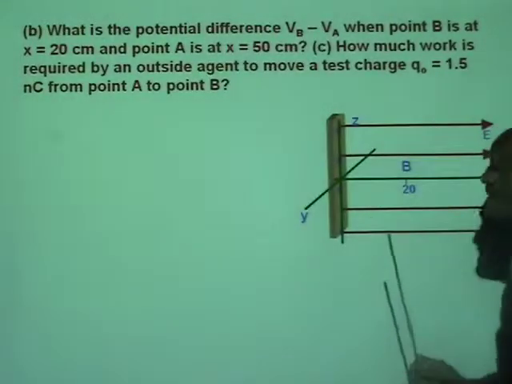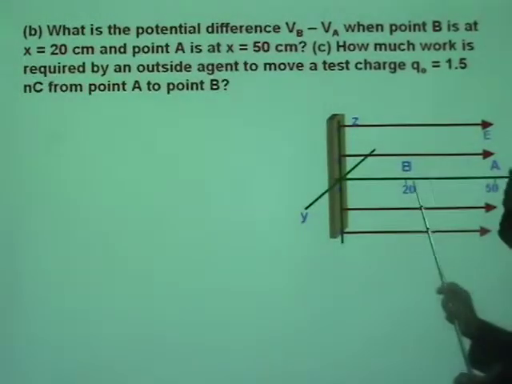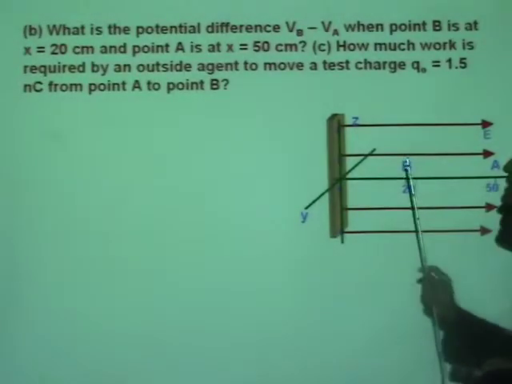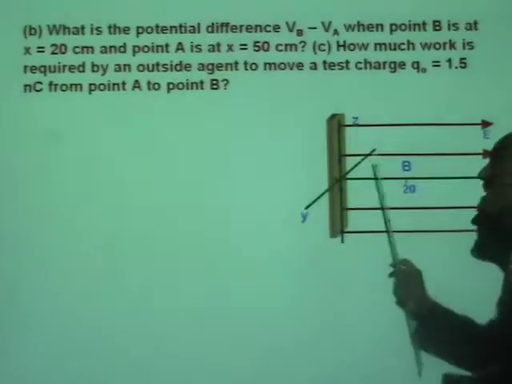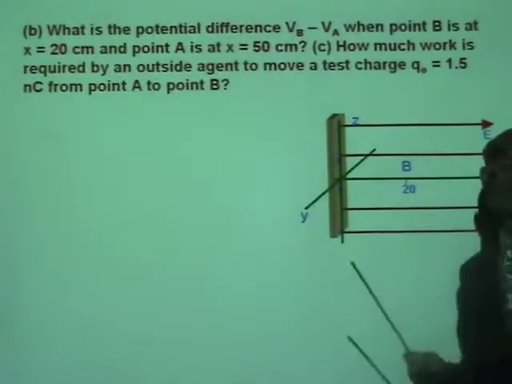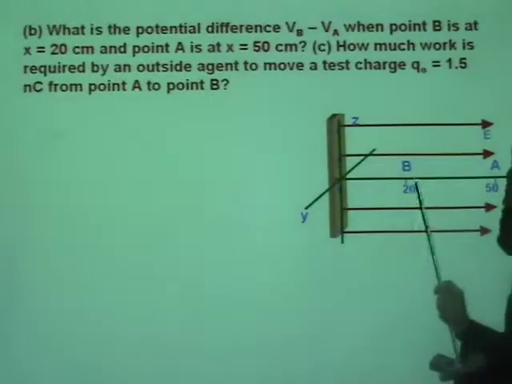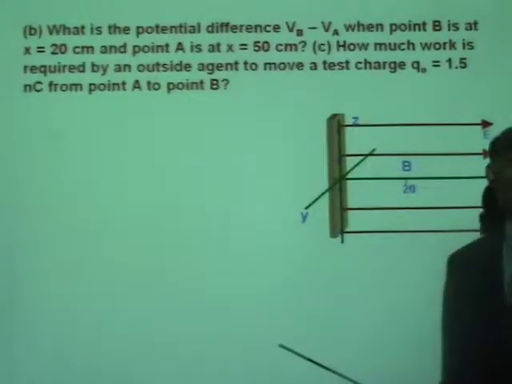If you remember, we had an equation there. We have delta V, the potential difference, equal to negative E delta R. We know the value of E, which is a uniform electric field. We know delta R. Delta R is 50 minus 20, that is 30.